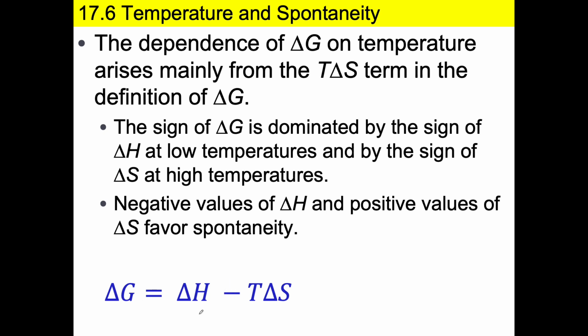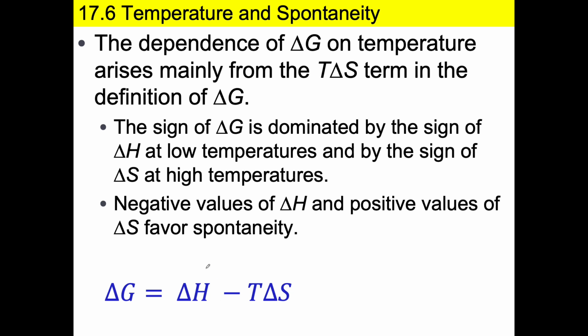So if you have a reaction that you know is exothermic, like burning of ethane, and you know that the entropy is increasing, so if this is negative and this is positive, then both terms are negative because of the negative sign here. So delta G has to be negative. You don't need to look anything up, because you already know that some reactions give off heat or don't give off heat, or some reactions are endothermic.